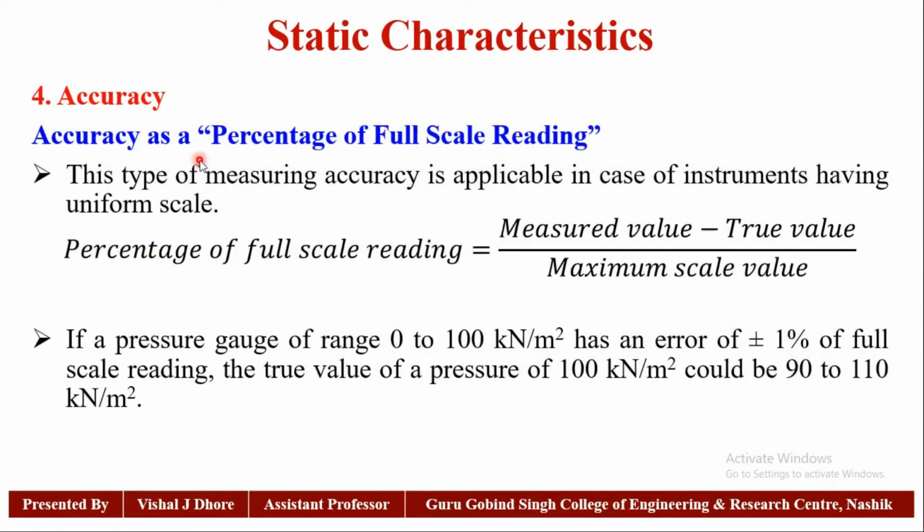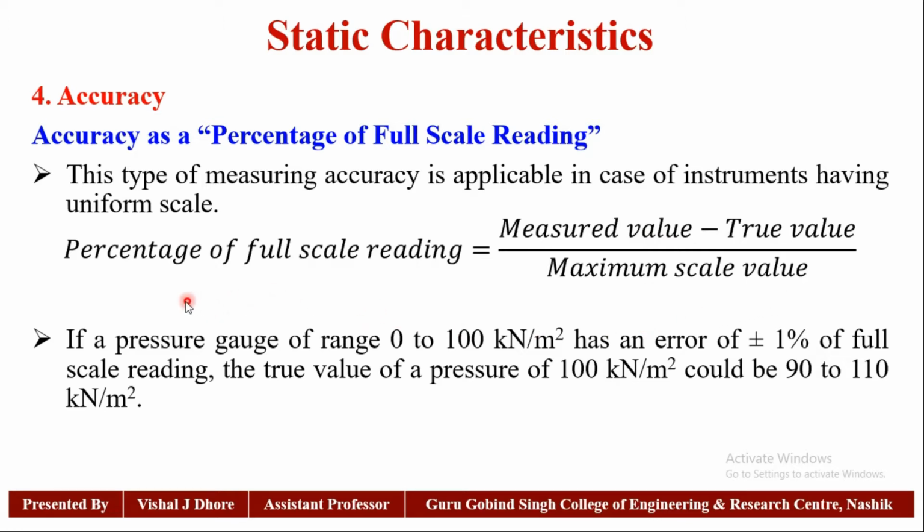Accuracy as a percentage of full scale reading. This type of accuracy is applicable in the case of an instrument having a uniform scale. The formula is: percentage of full scale reading is equal to measured value minus true value divided by maximum scale value. Take one example.